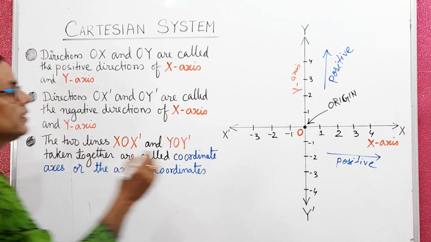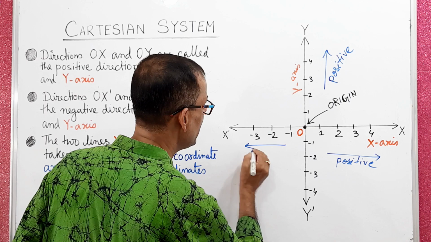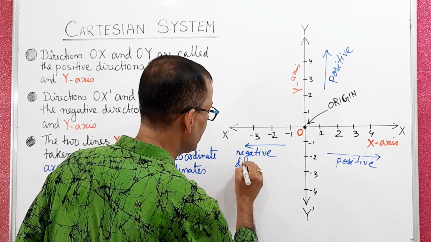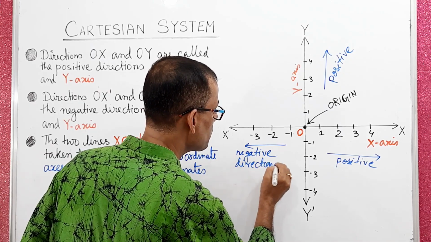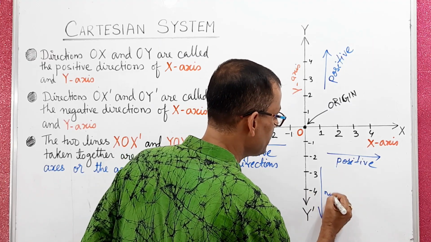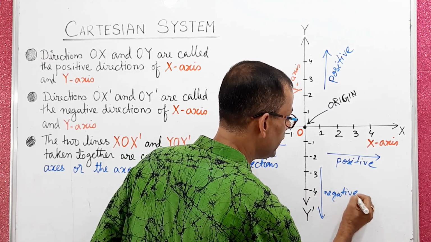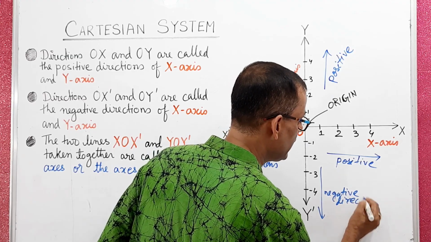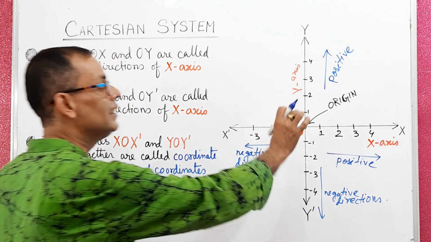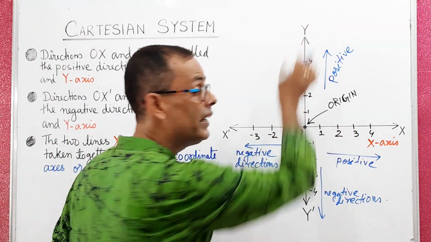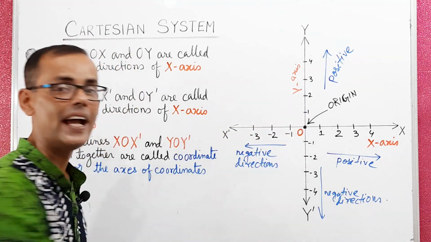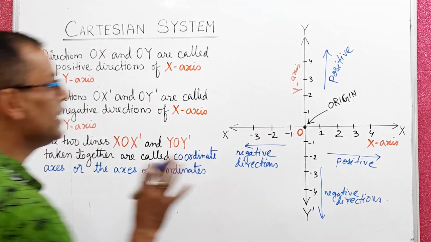This side will be negative direction, and this side also, downside, is the negative direction. So it is giving us one idea that OX and OY are the positive directions, and OX dash and OY dash are the negative directions.